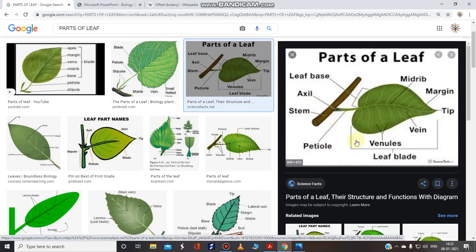So look at this image, again you will be clear. This is again the stem part. This is the leaf base. This whole line is the petiole basically, and this line is known as the midrib. Remember this thing. This is the midrib, and these are the किनारे जो margins हैं. These are the margins.